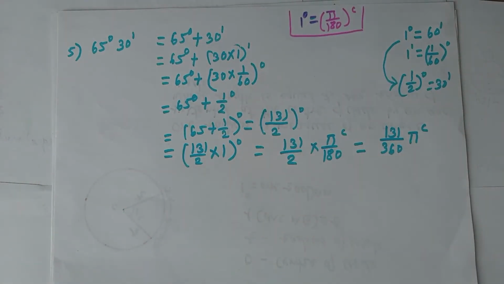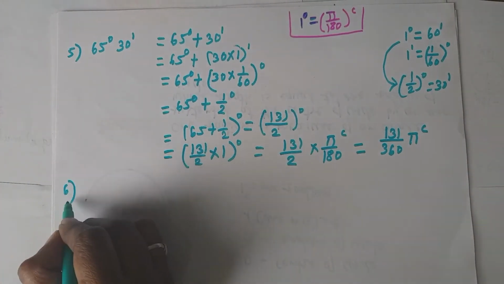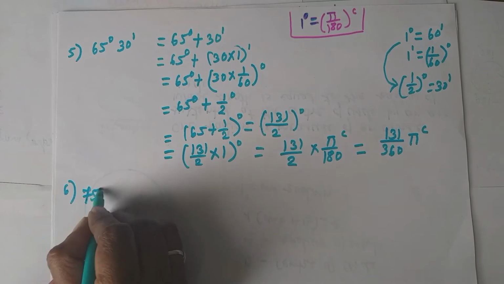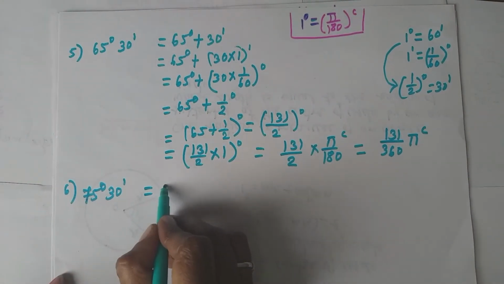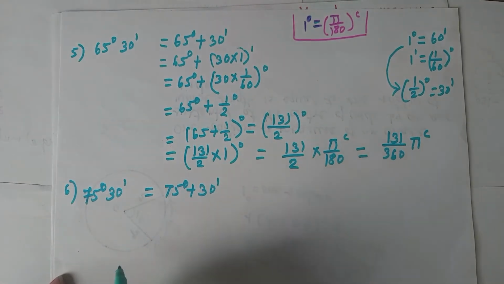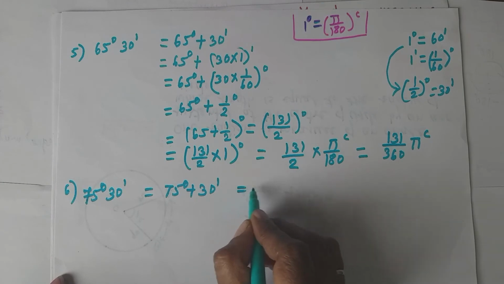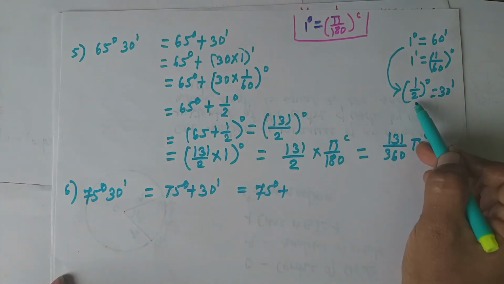Okay. To illustrate this concept more, see one more example. Suppose 75 degree 30 minutes is given. Then this can be written as 75 degree plus 30 minute. And what is this? 30 minutes is nothing but half degree.